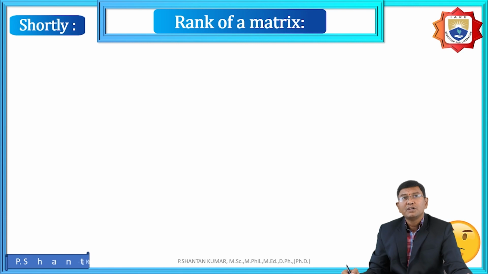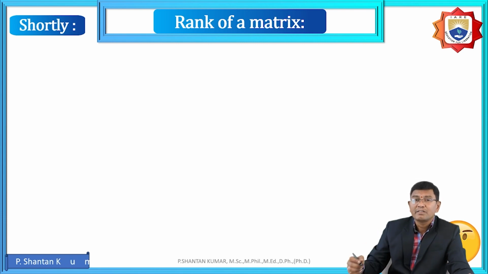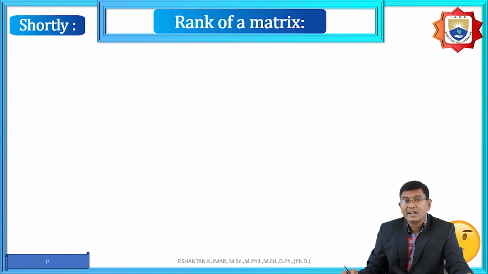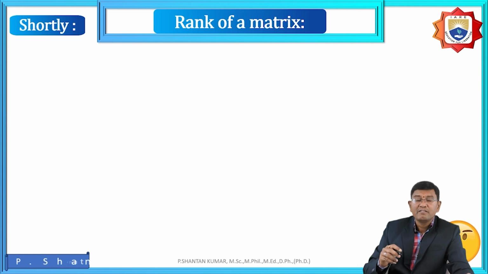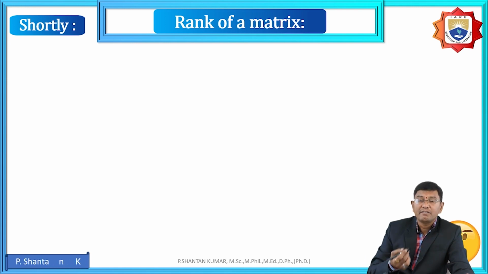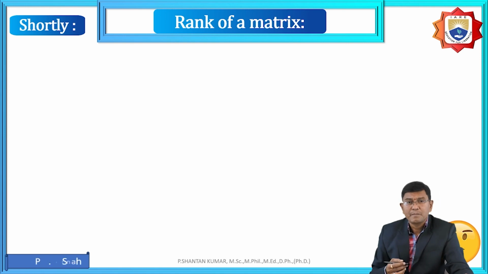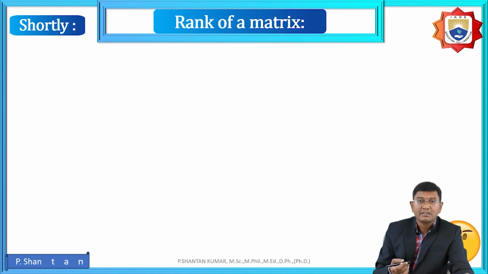Here, shortly, how to define the rank of a matrix: according to the definition, we can define it in two ways, one shortly and the second briefly. Shortly means defining the rank of a matrix within a single statement, and we also need to discuss the notation.